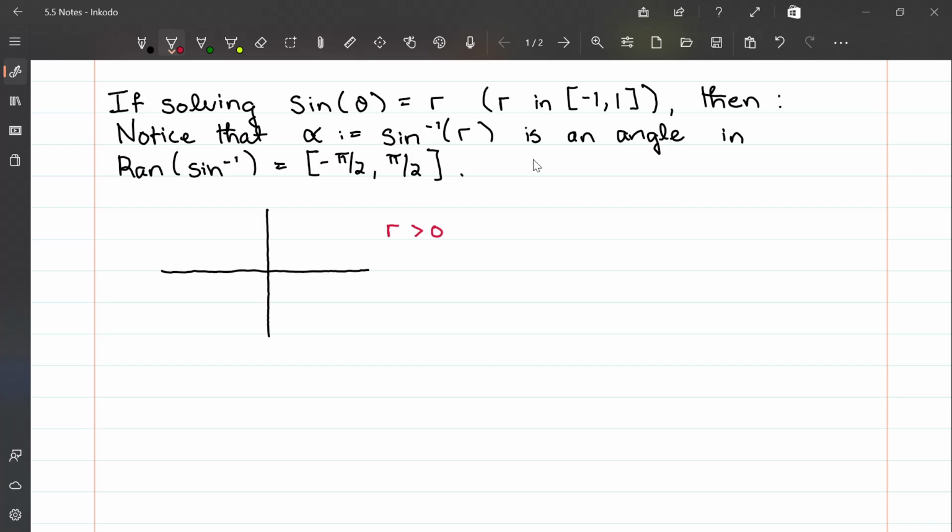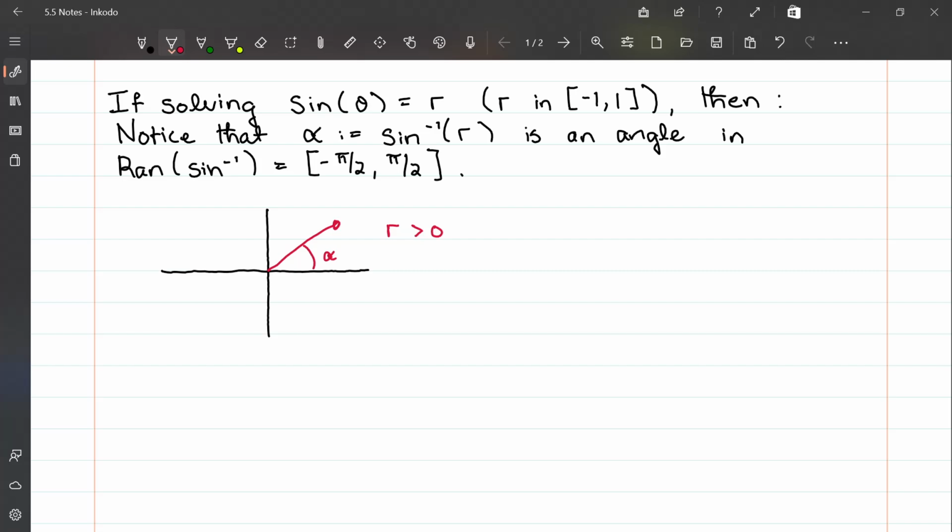In the situation that r, the number on the right-hand side of our original equation, is positive, then we wind up with a situation where alpha is going to have to go into quadrant 1. After all, alpha has to be either in quadrant 4 or quadrant 1. That's what our range here says for arcsine. So it must go into quadrant 1, which will put it looking something like this.